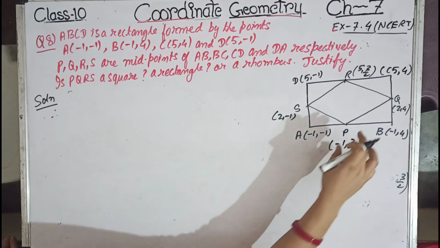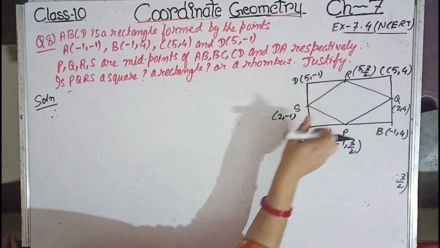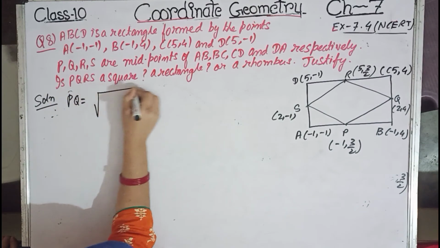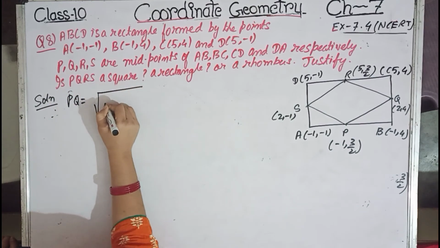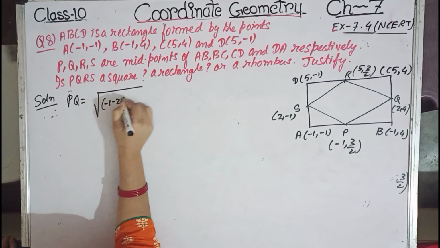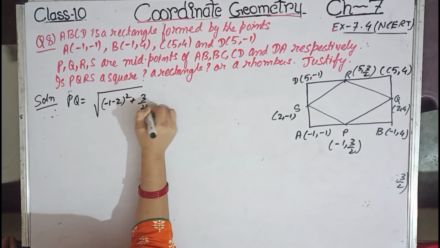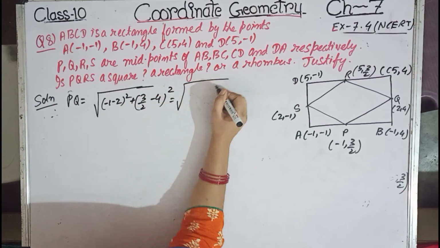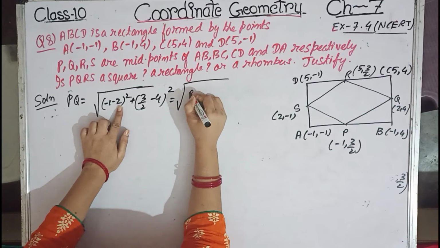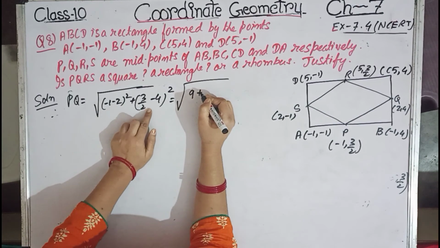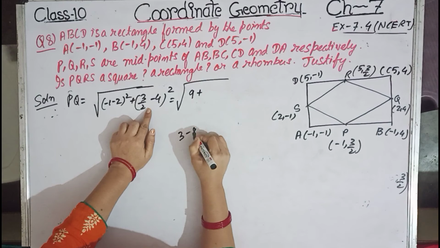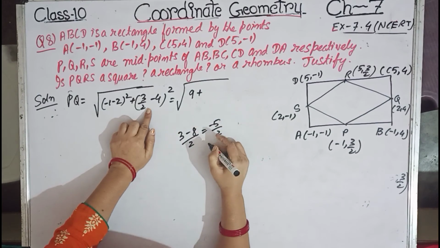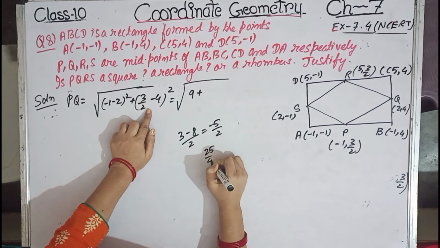For that, let us find the length of PQ, QR, RS and SP first. So PQ will be equals to, by distance formula, under root (-1 - 2) whole square plus (3/2 - 4) whole square. So this will be equals to -3 square is 9, and over here 3/2 minus 8/2 will be equals to minus 5/2, and minus 5/2 square will be 25/4.